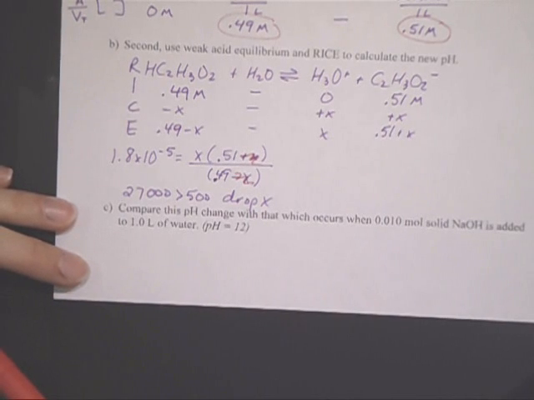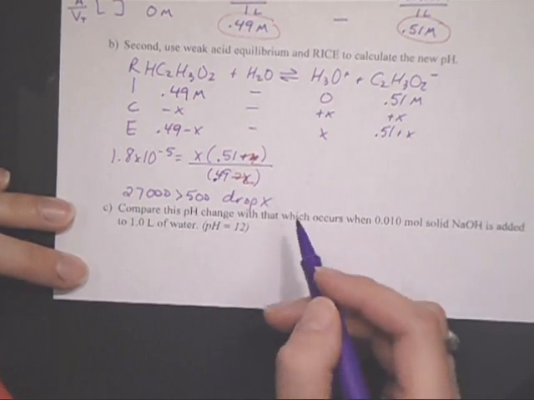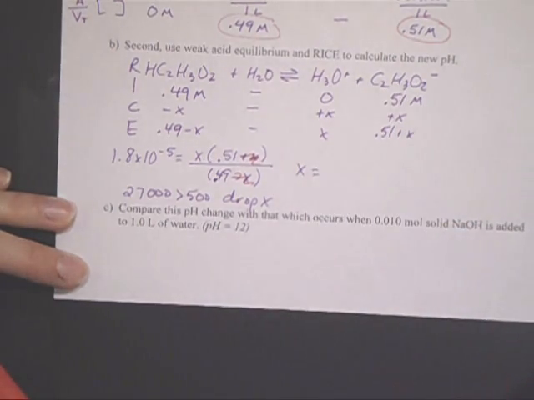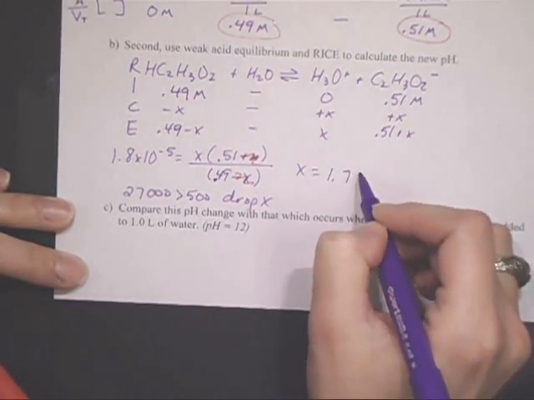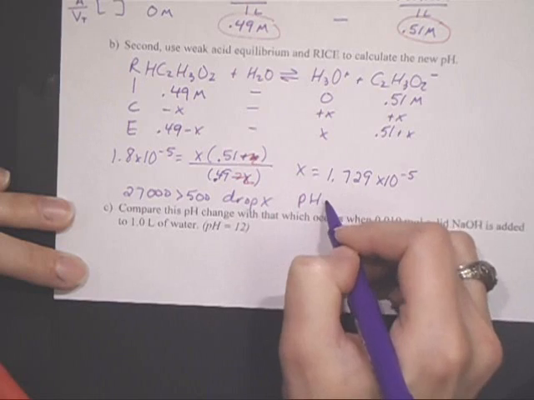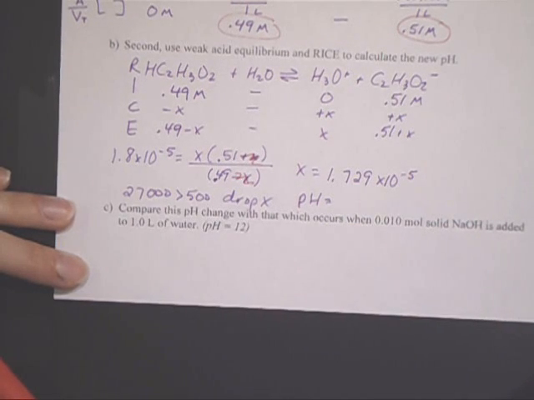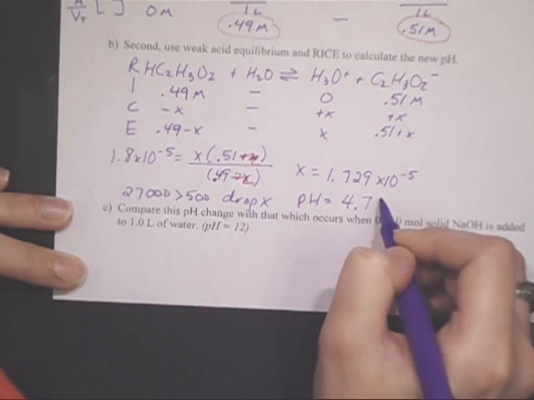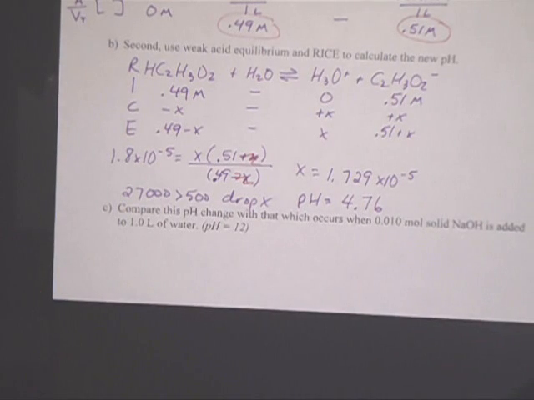So 1.8 times 10 to the negative 5 times 0.49, divided by 0.51. X equals 1.729 times 10 to the negative 5, and then the pH would be the negative log of that, which is 4.76. So we see that the pH changed slightly, but not considerably, considering we added some very strong base to it.